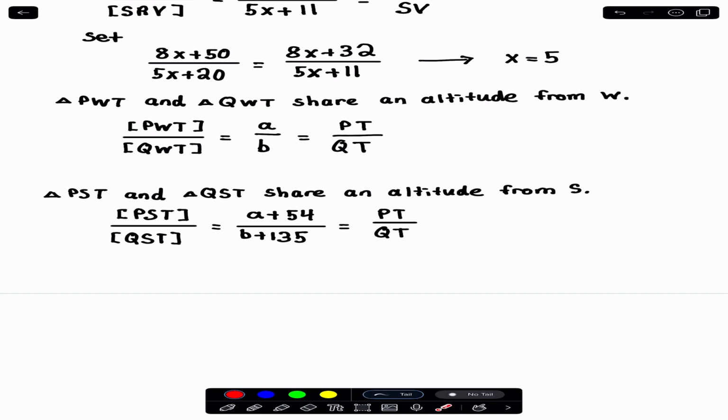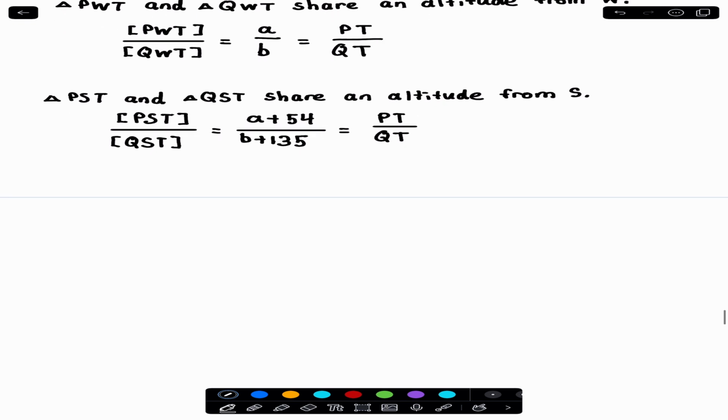Again, if we pretend like we're canceling that S, this is great because now we can set this equal to this. So let's do that.